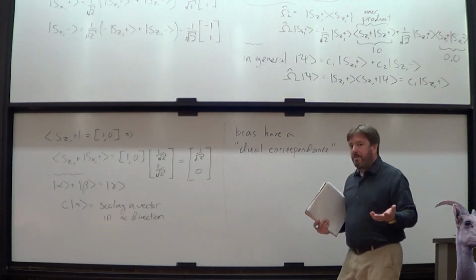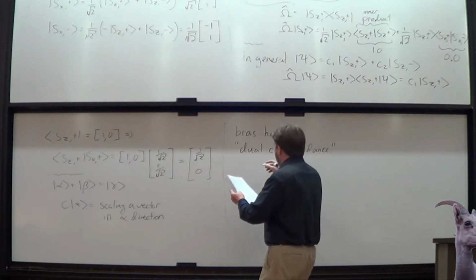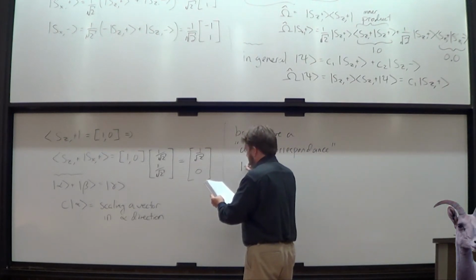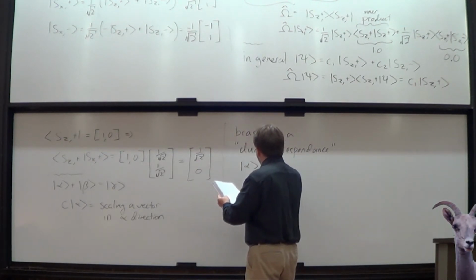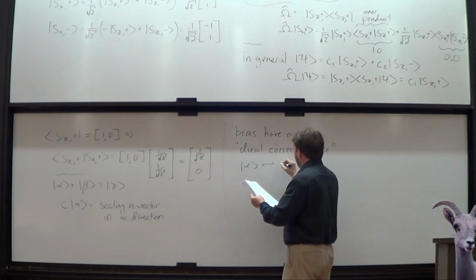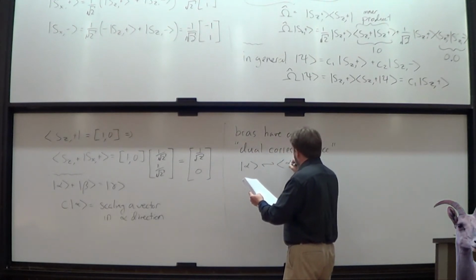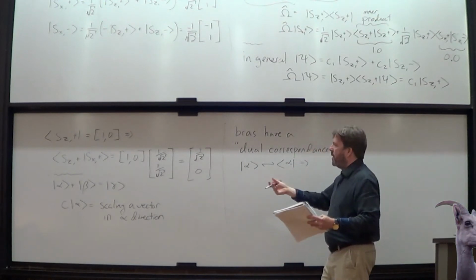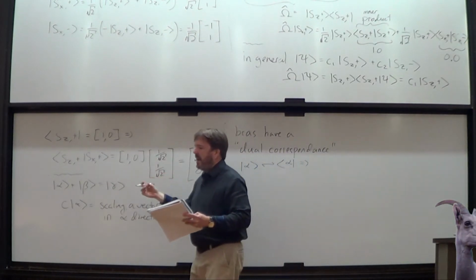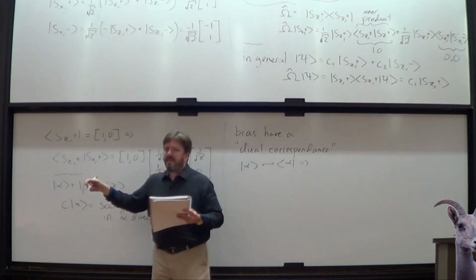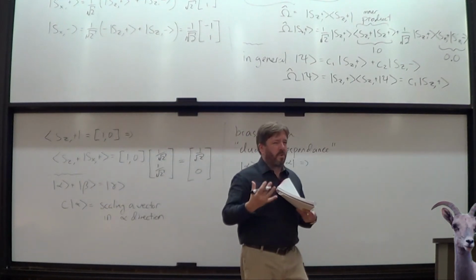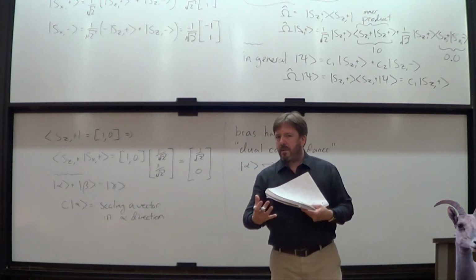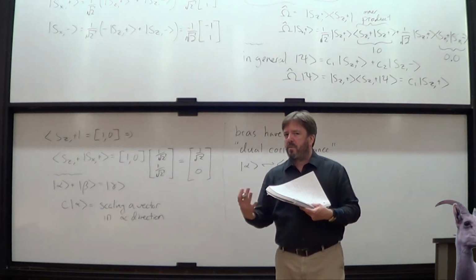Okay, so learn by doing. Now the representation of this is like this, and again, I don't find this helpful. But as we start to work problems in quantum, you figure out what bras are by doing, by answering questions over and over again.